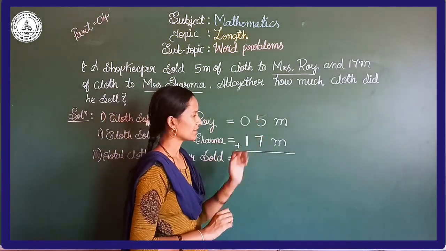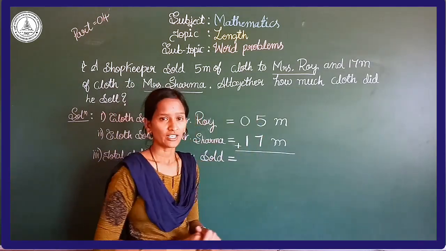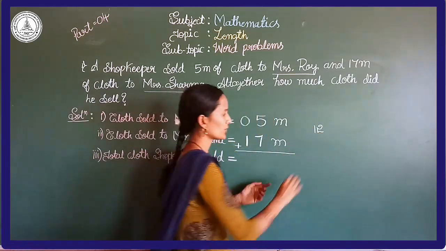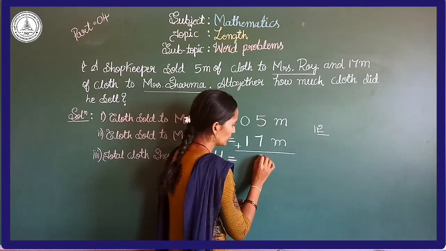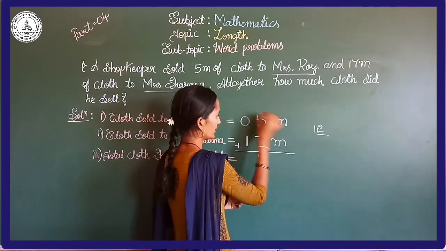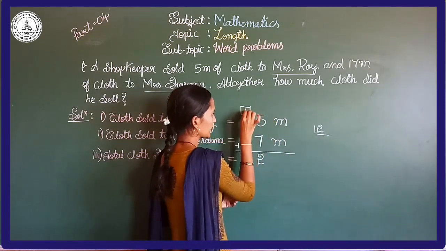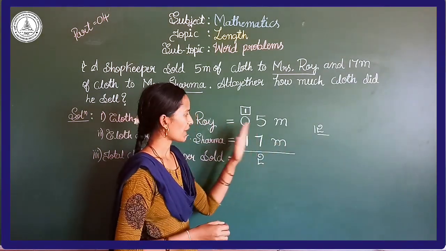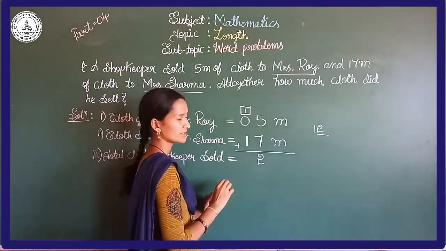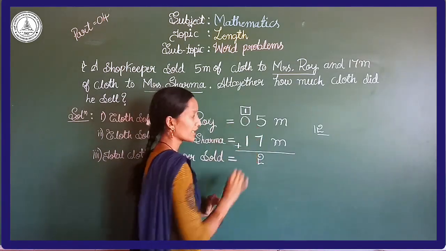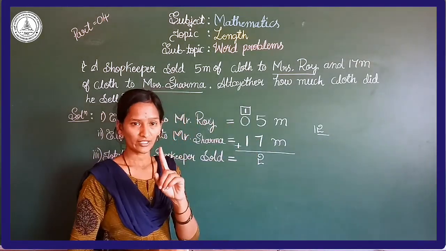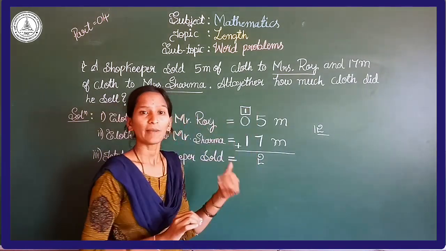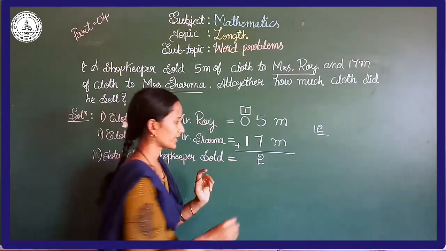See, 5 plus 7. 5 plus 7 is 12, right? It is 12. So I am writing this 2 here and I am giving a carry to the tens column, this one, right? So now we have to add the numbers in tens column. See, 0 plus 1. 0 plus 1 is 1, right? So next 1 and this plus 1. 1 plus 1 is 2, right?